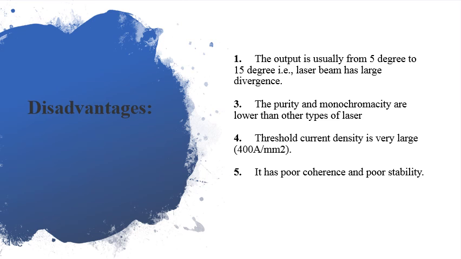Threshold current intensity is about 4 ampere per mm square. It has poor coherence and poor stability. These are certain disadvantages, but for practical purposes, it has a lot of advantages.